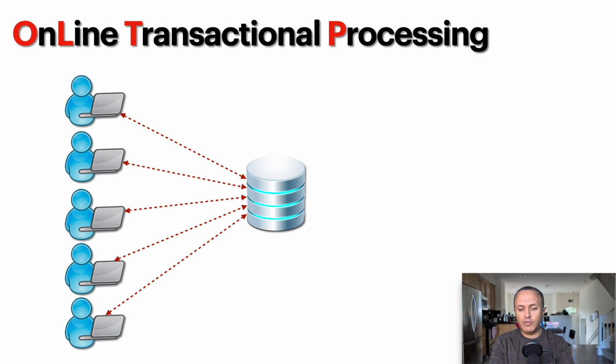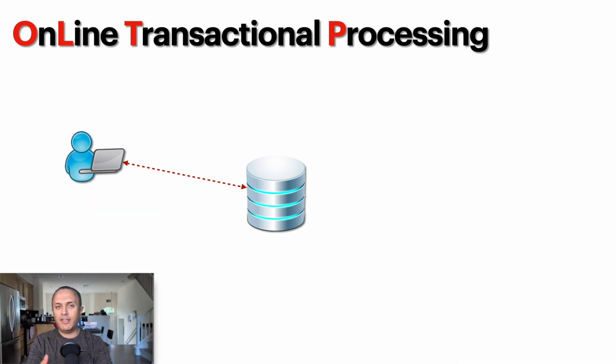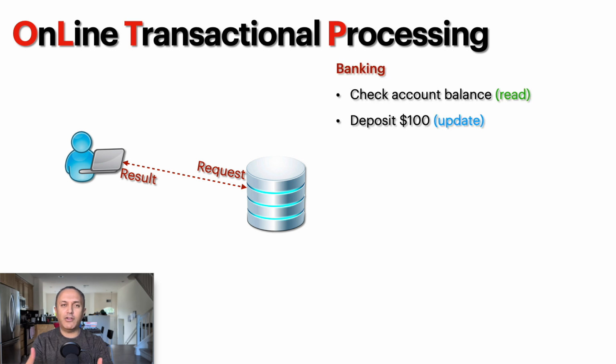Each of those users usually interacts with the database by sending some request, and then the database will process this request and send back the result. These requests are typically very short and simple, and they could be either writes or reads. So, for example, in the banking context, you could be sending a request to check your account balance. This is a read request.